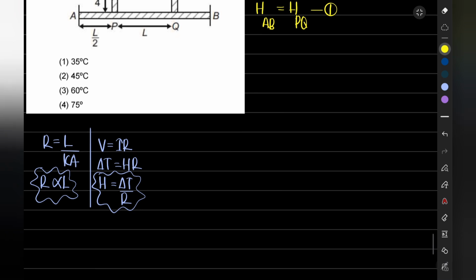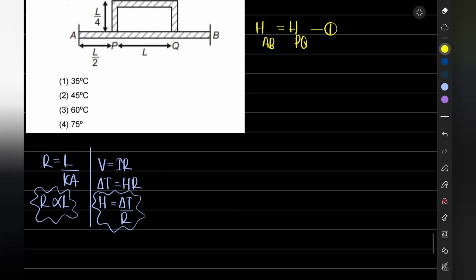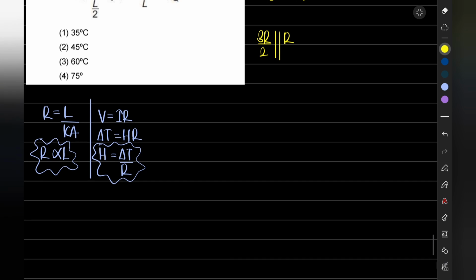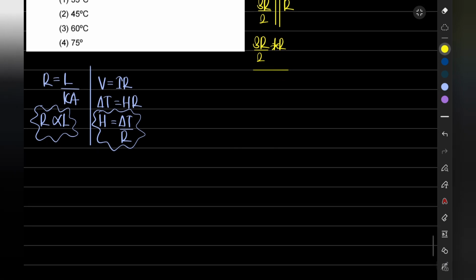Okay, so we can see that 3R by 2 is in parallel combination with R. Let's try to find it. We know that it is R1 into R2 by R1 plus R2, that is 3R by 2 into R, upon 3R by 2 plus R, which will be 5R by 2.